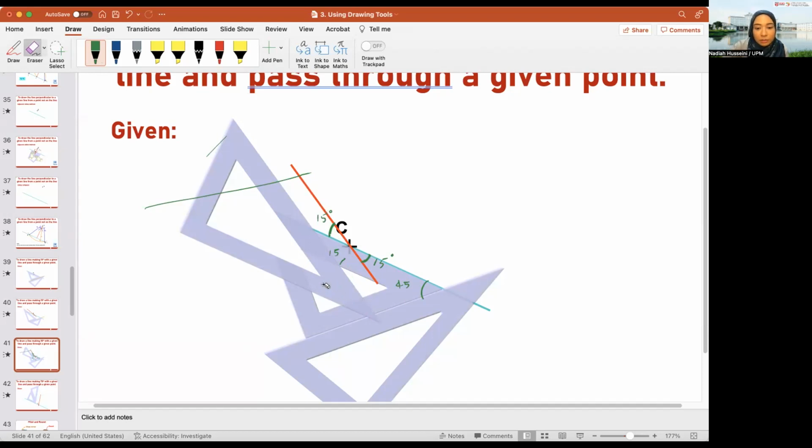Macam mana saya nak cerita ni? Saya pun susah nak cerita. Okay, again. Let me try. Kan yang triangle 15 tu, dia slide ke kiri. Dia slide ke kiri. And then dia baru masuk yang triangle yang 30-60.